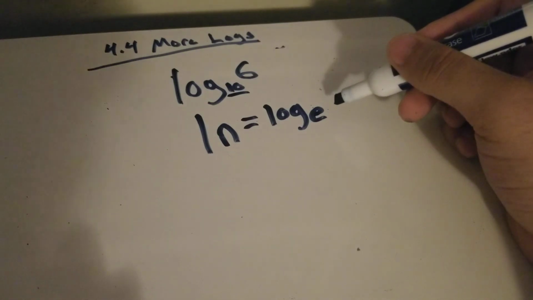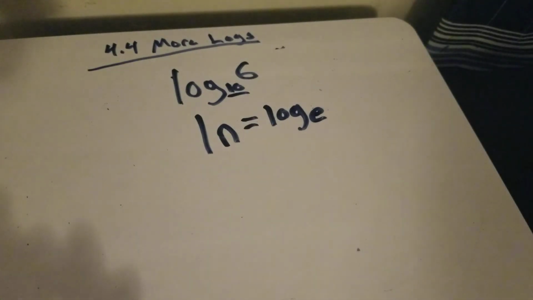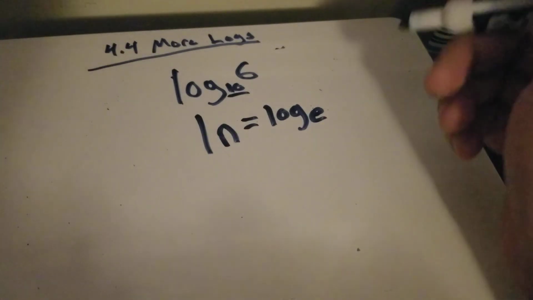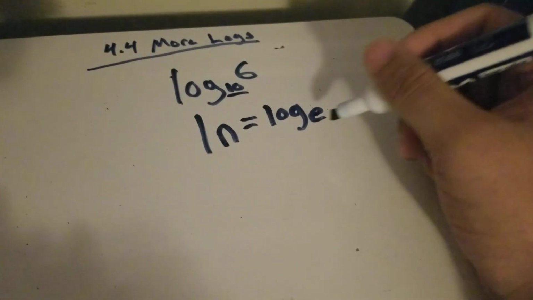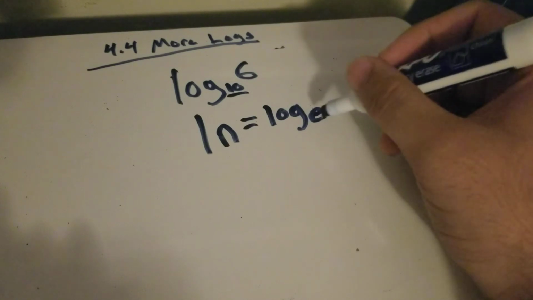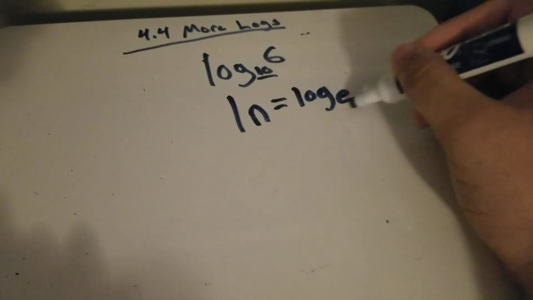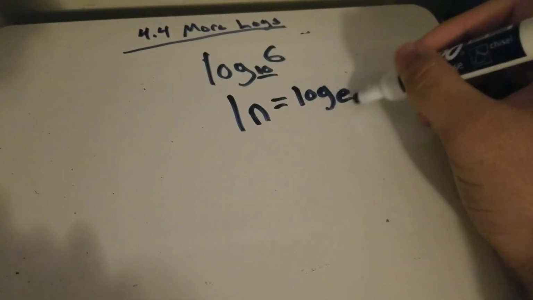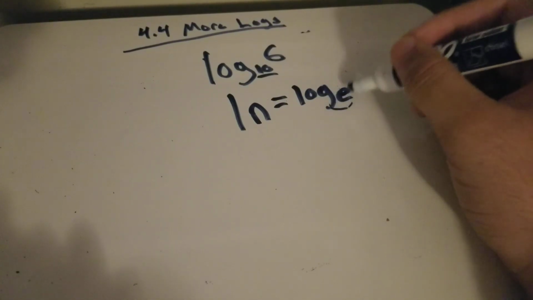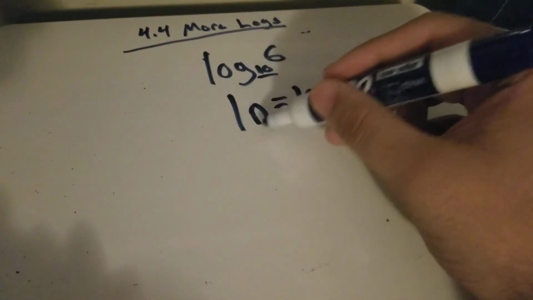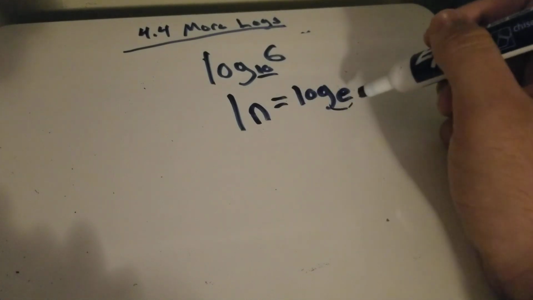Or maybe it was 4.1, actually. Let me check a second. Oh, no, it was section 4.3, just a section ago. e was the base. That's natural log. Again, you don't really need to know what's so special about e. Just know that if you see a ln, that's the same thing as log base e.